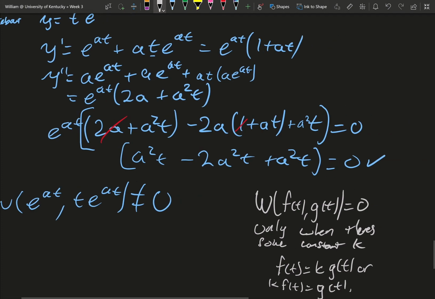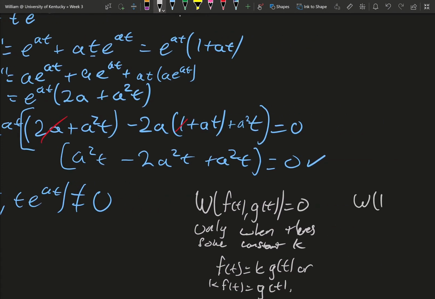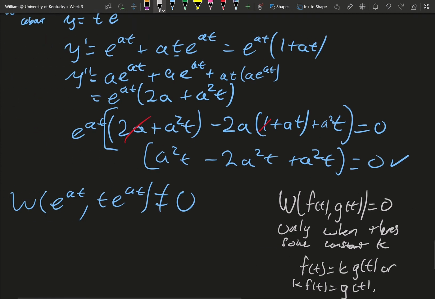Sometimes, like we saw on the worksheet, if we take the Wronskian of ln of t and ln of t squared, it's not immediately clear that this is the case, but if we bring the 2 down in front, that works. Okay.